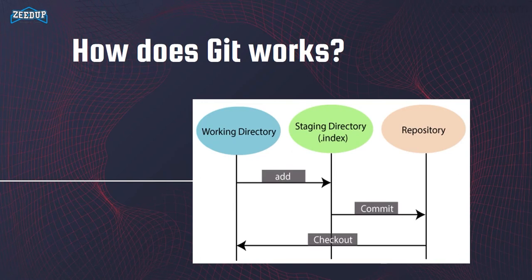So the local repository resides on your machine. That means if you are working on your project on your machine, then whatever changes you are doing to your project will ultimately be taken into the local repository. Now, when you want to make those changes in the remote repository, then only they would be done over there.